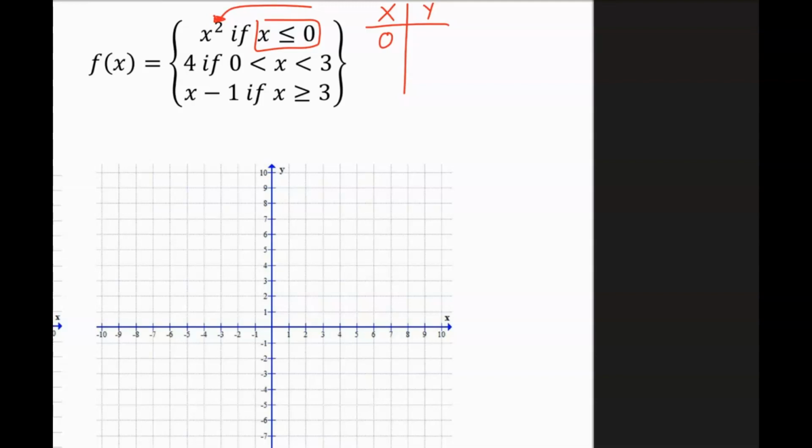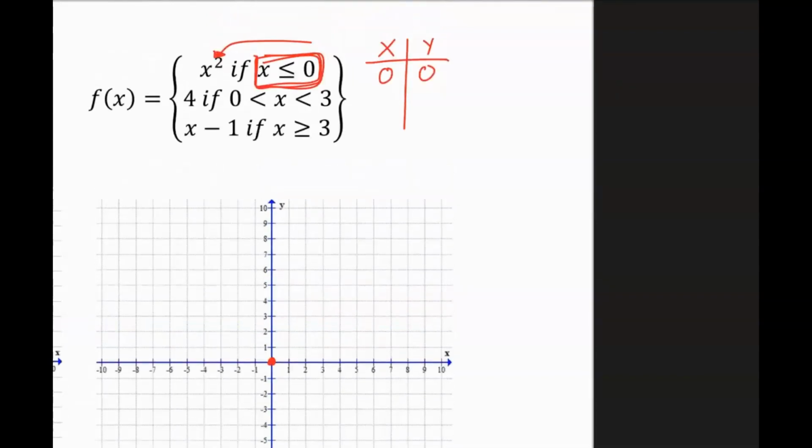Yeah, right? 0 squared is 0. So that's the first point I graph. 0, 0. Notice I put a closed dot because this is less than or equal to 0. So because it's equal to 0, I can put a closed dot on that 0, 0. I'm so sorry. I put y, but really, I should put f of x. I always do that kind of thing.